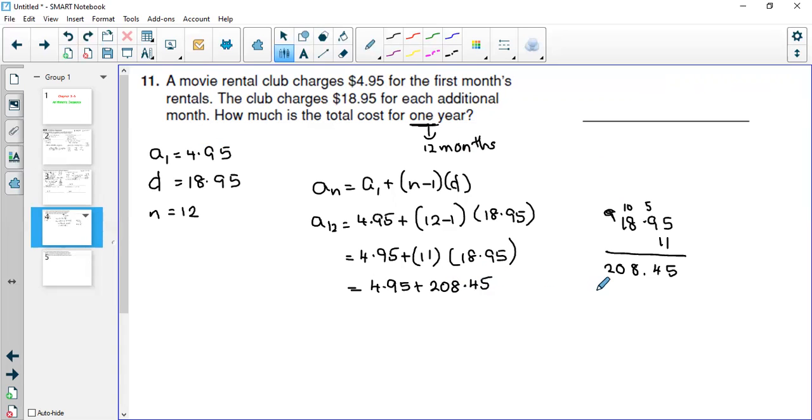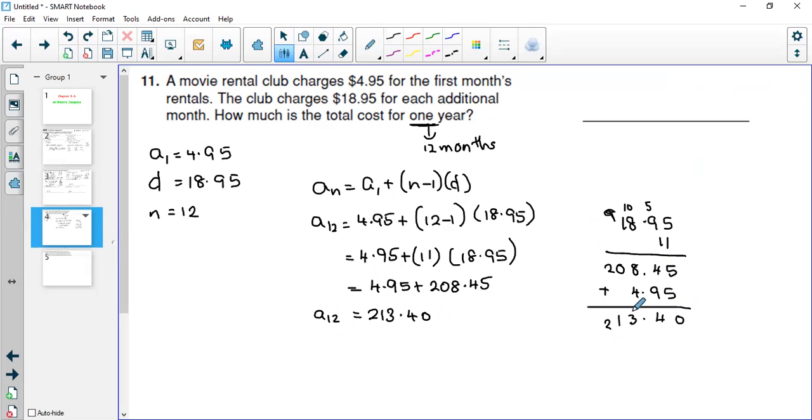So 4.95 plus 208.45. Add them together. Place the decimals in the correct places. That would mean 13, 14, 12, 13, 1, 2. So that would mean 213.40. If you would use a calculator, yes, I know you would get easy answers, but that's not the exercise we need, because we want our brain to keep working.